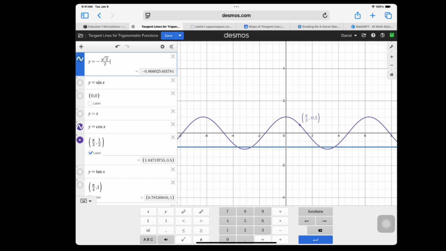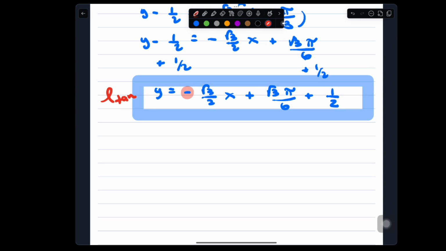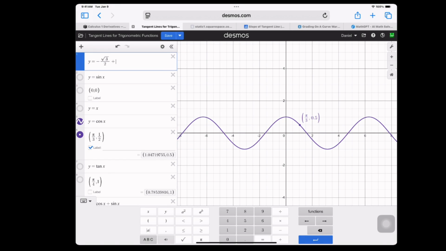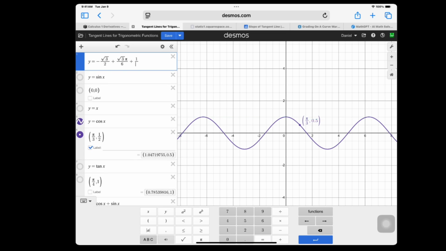Do you guys remember? It's plus square root of 3 pi over 6. All right, so plus square root of 3 pi divided by 6. Now, is that plus 1/2 or minus 1/2? Plus 1/2.